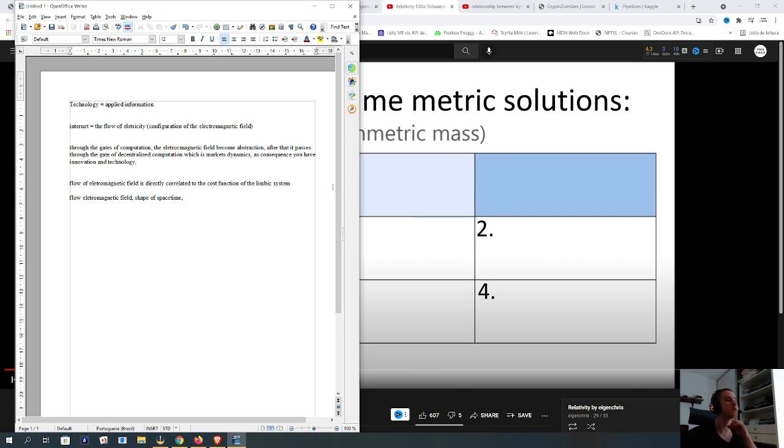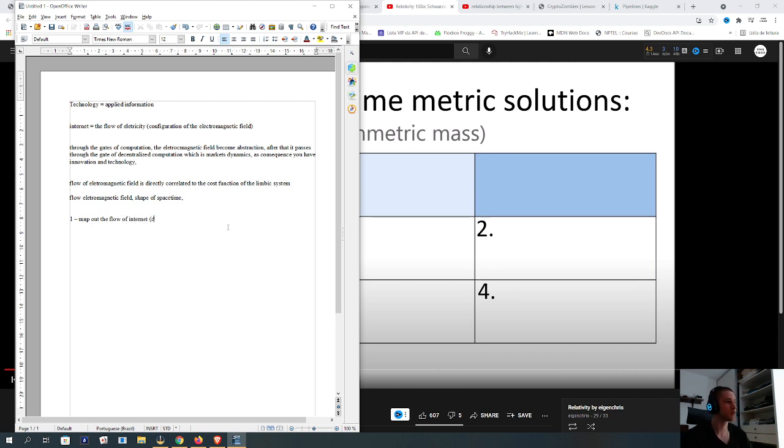So I think that's a rough idea, but I still don't have a clear picture of exactly what to do with that. So maybe I can write a couple of ideas here. I think one idea is to map out the flow of the internet.